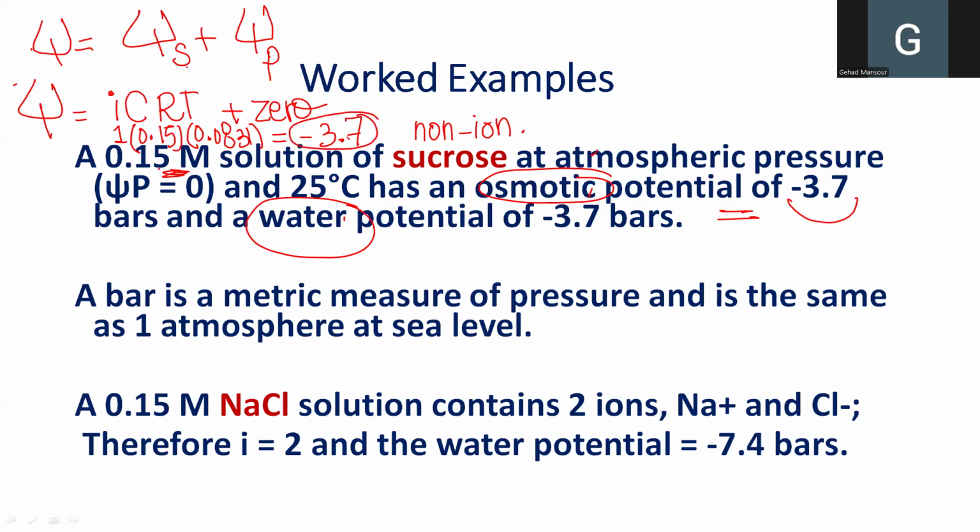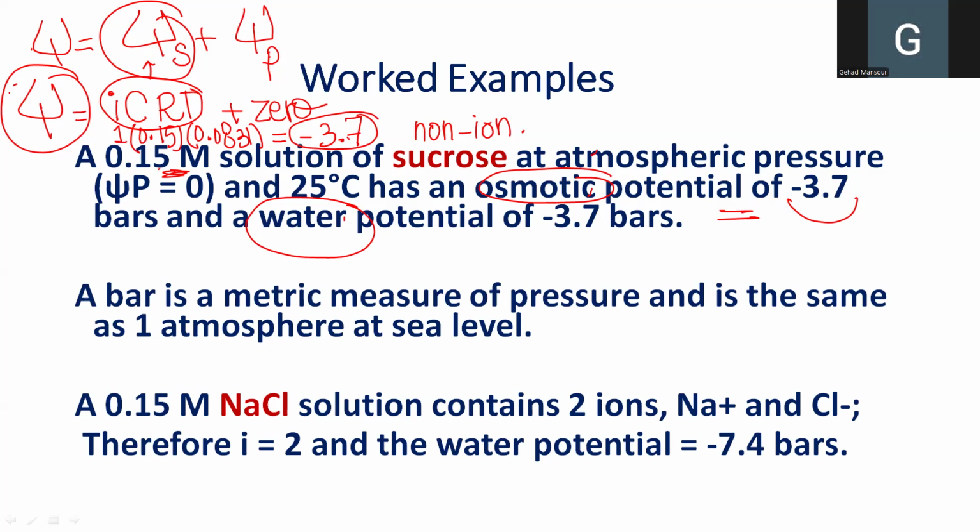And minus 3.7 applies to iCRT, which is psi S, or the solute potential, and also applies to water potential because they are equal values since the pressure equals 0.